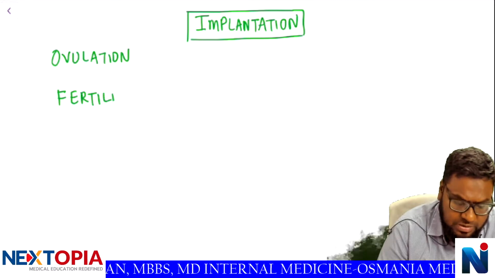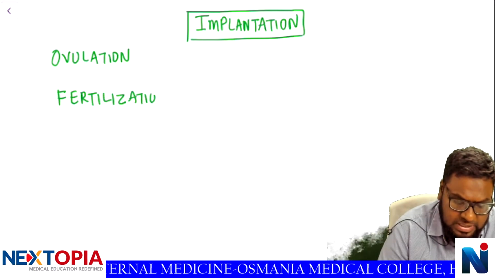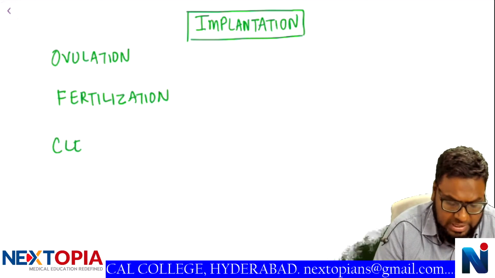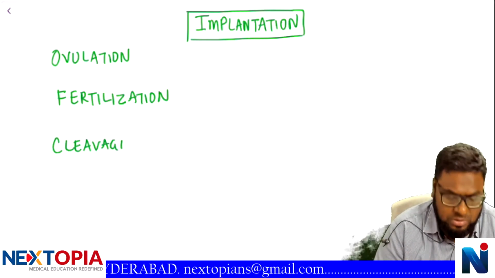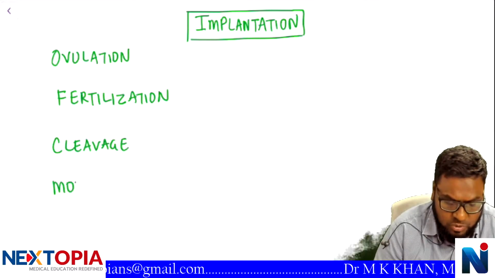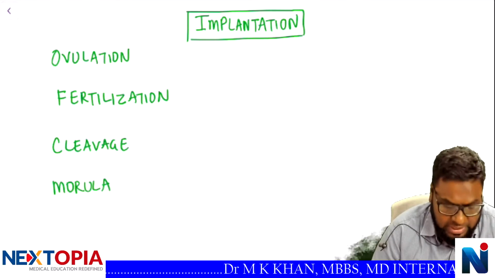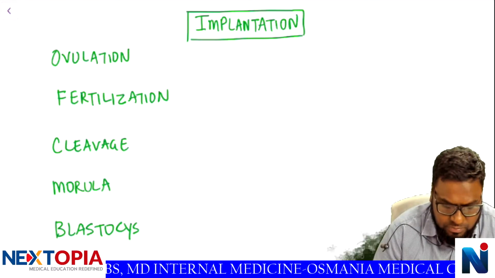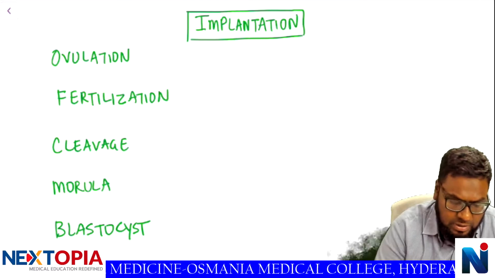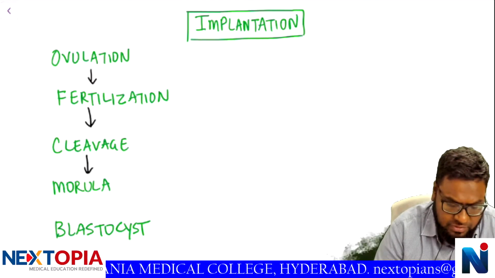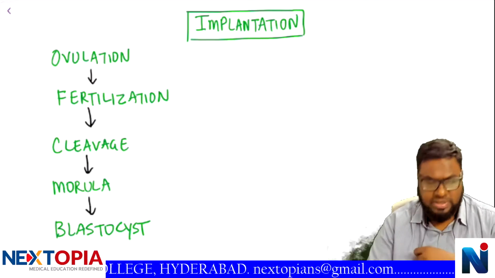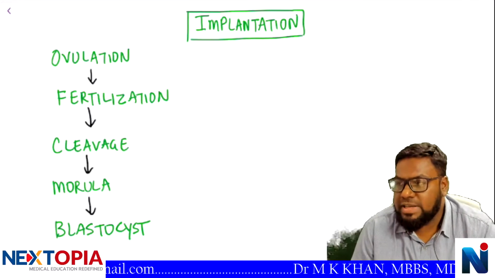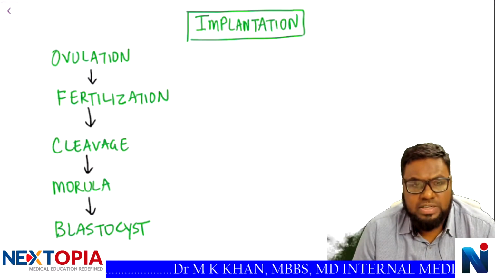All these definitions I've already discussed in my previous classes. Ovulation is followed by fertilization. Fertilization is followed by cleavage. Cleavage is followed by formation of the morula. Morula is followed by formation of the blastocyst. If you closely observe, this is a chain of events occurring one after the other, which are very, very important.